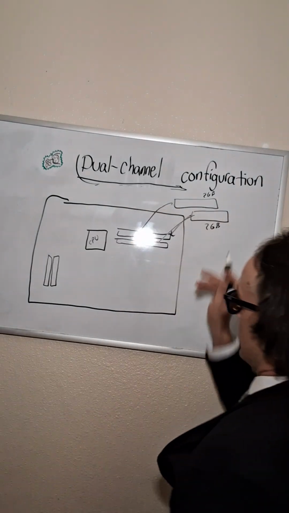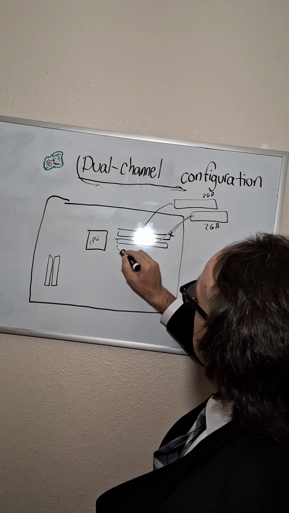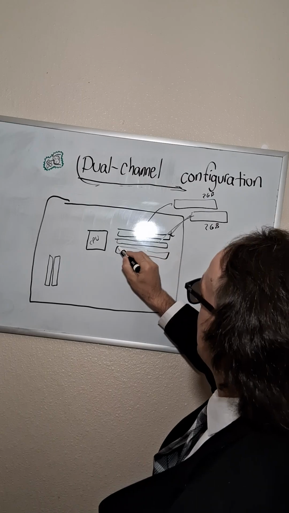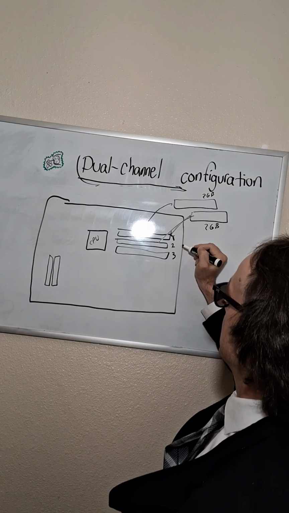So maybe if there were 3 slots, and this was 1, this was 2, this was 3.